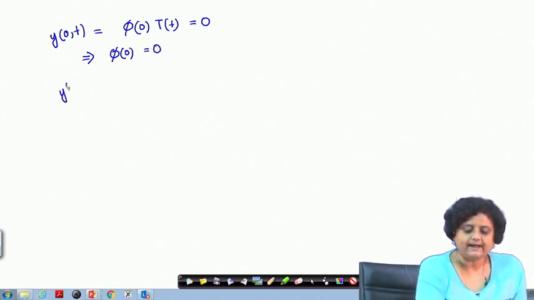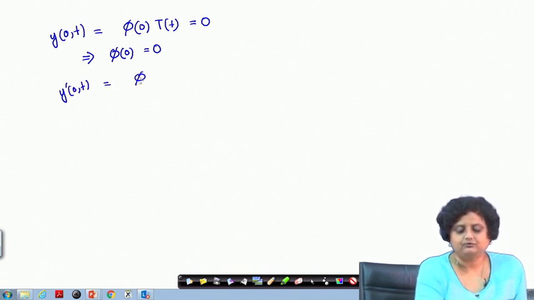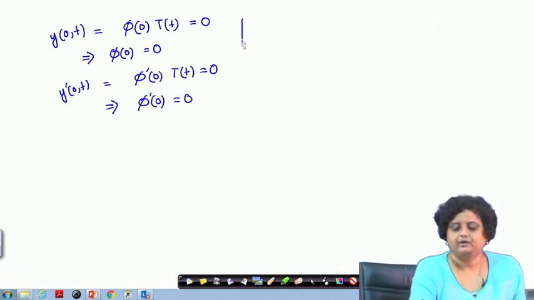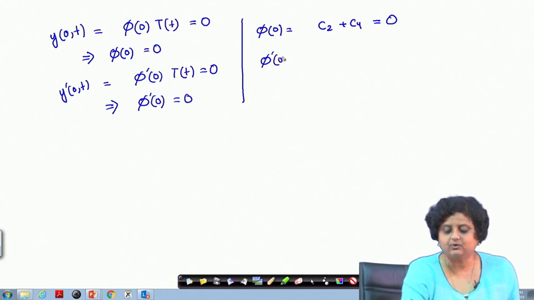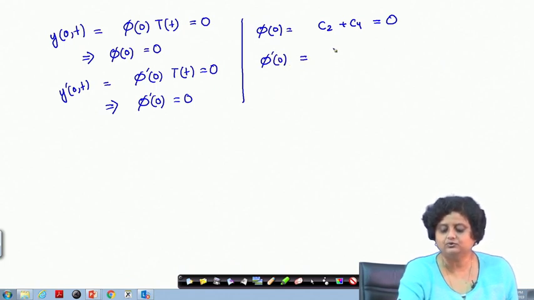Now, y dash 0 t is phi dash 0, that implies phi dash 0 equals 0. Now, if we impose this condition, phi 0 is equal to C 2 plus C 4, and that is equal to 0.